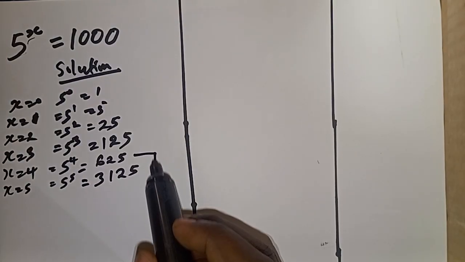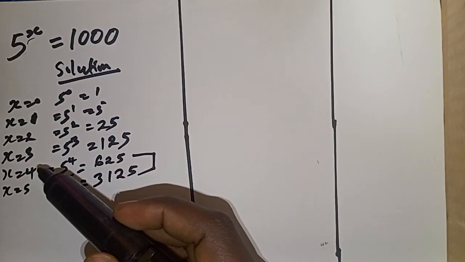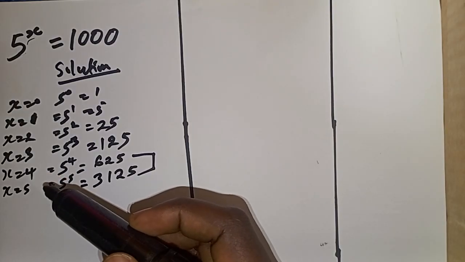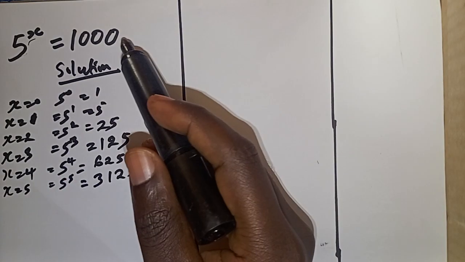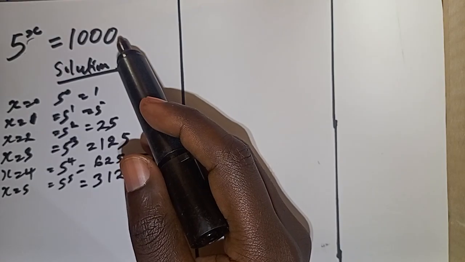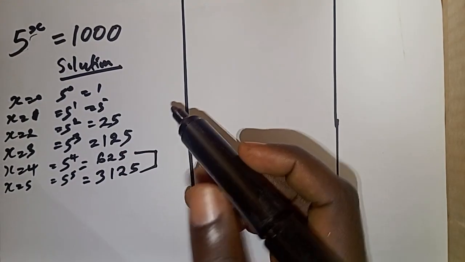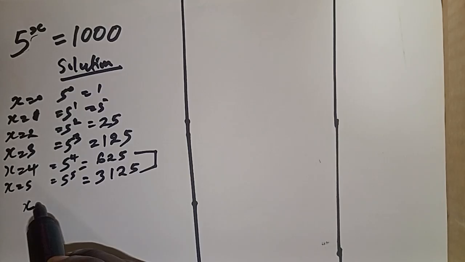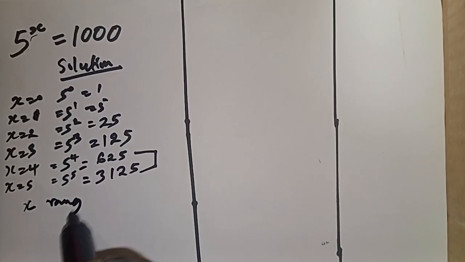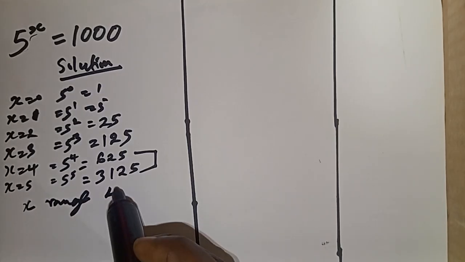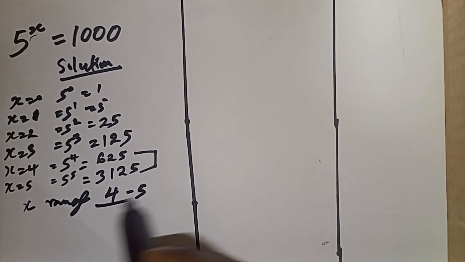We realize that between x equal to 4 and x equal to 5, it has exceeded our value. So we can say that our x will be found between the range of 4 and 5.